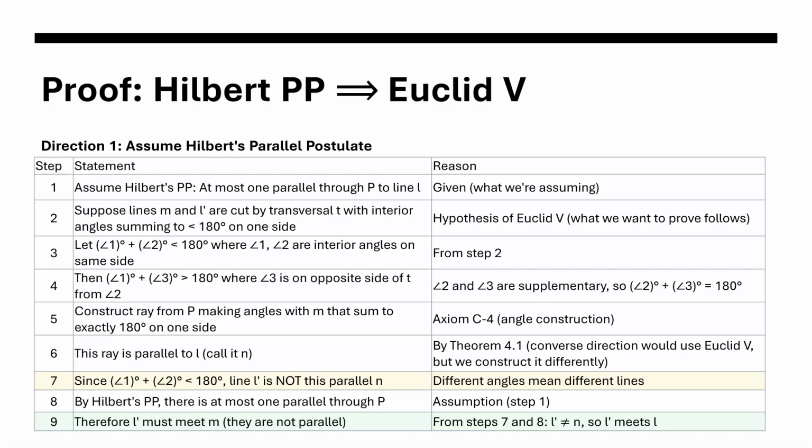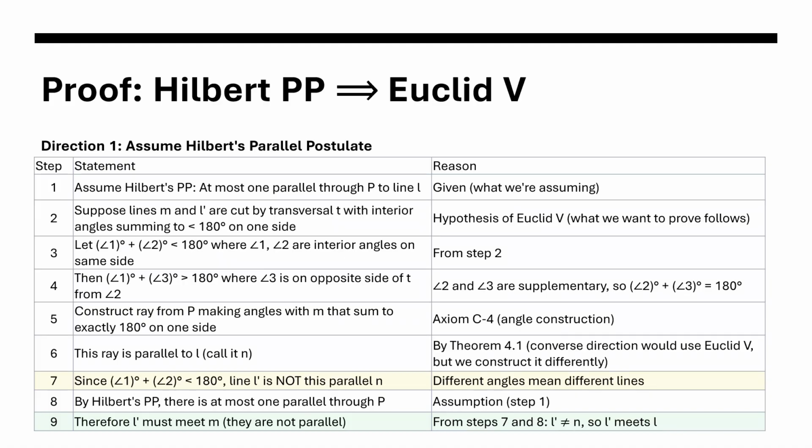Therefore, any other line through P must meet L. Therefore, L prime must meet M. They are not parallel. That is from step 7 and step 8, that L prime is not equal to line N. So L prime meets L.